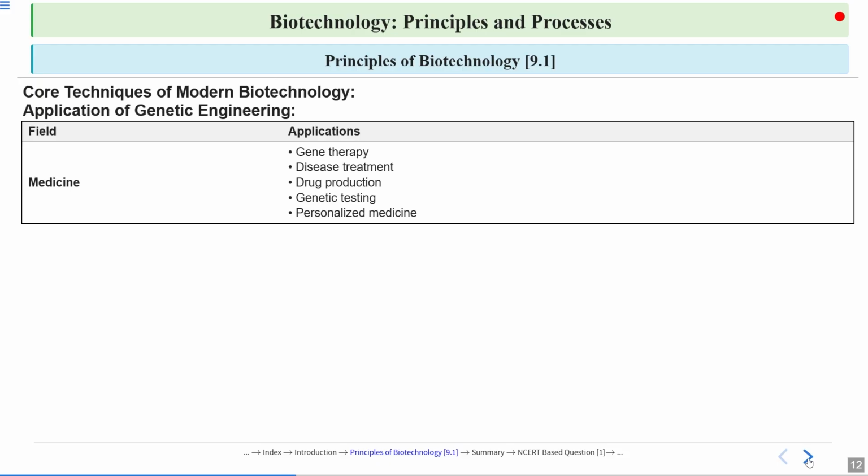When we talk about medicine, the applications are gene therapy, which we mentioned twice or thrice, disease treatment, drug production, genetic testing, and personalized medicine. Nowadays we have a new approach where genetic profiling of people is different, so for different people there should be different medicine. Using these things, we can make personalized medicine.